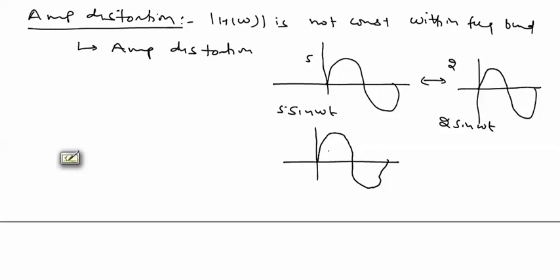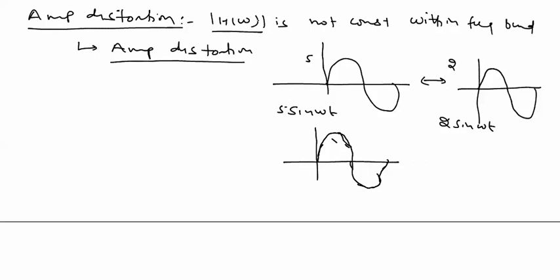This waveform is magnified with different amounts. Here it is 5, it is 6, it is 4, 3, 2, 0, -1, etc. Means it is not maintaining amplitude constant throughout the length, which is amplitude distortion. To avoid amplitude distortion, system response in the frequency domain is constant.